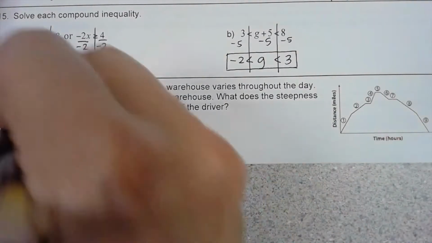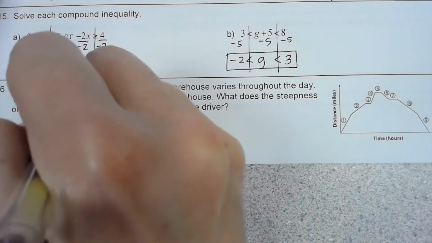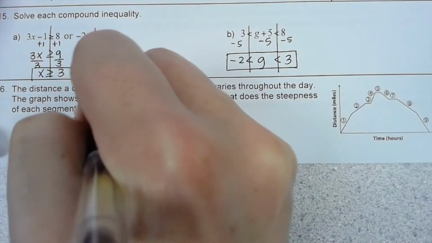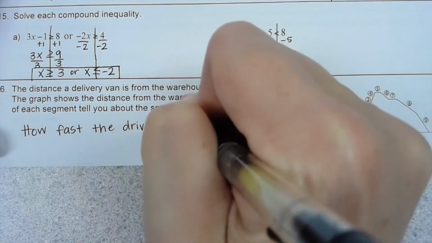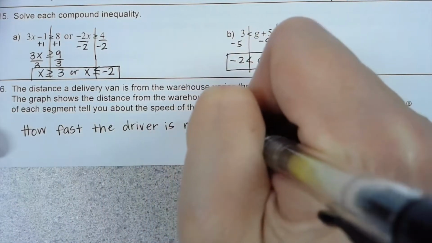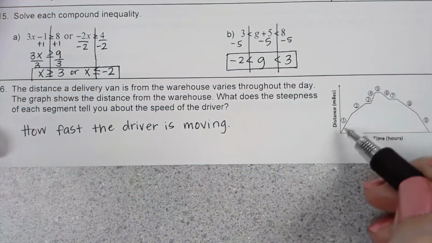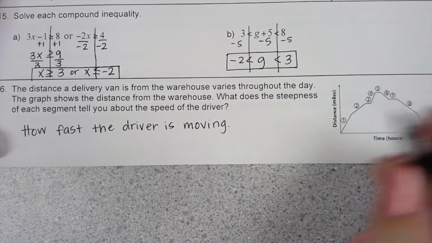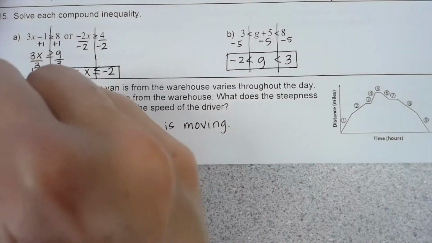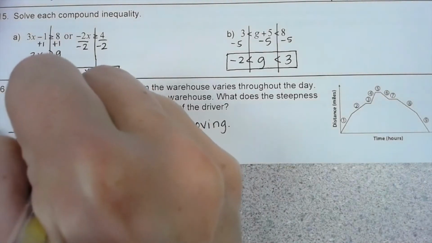So the steepness tells you how fast the driver is moving. So if it's steeper, he's moving more quickly. If it's less steep, he's slowed down. The steepness also tells you when he stops.